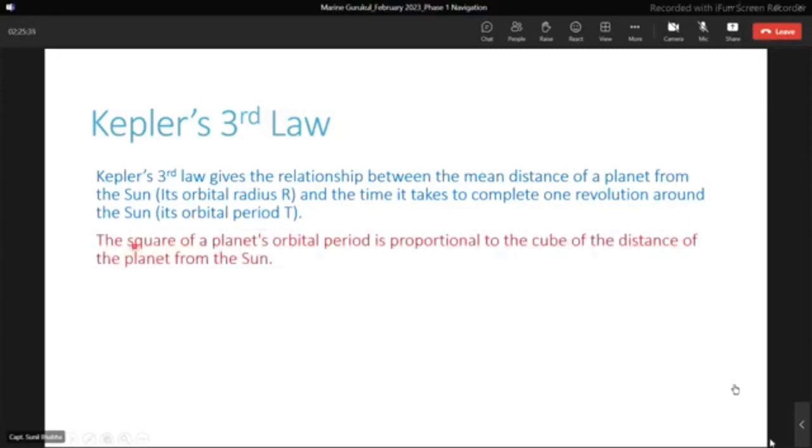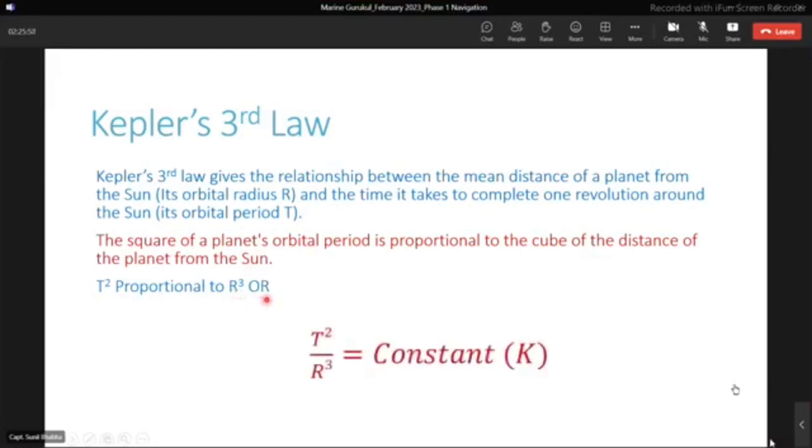What does the law say? The law says that the square of a planet's orbital period is proportional to the cube of the mean distance of the planet from the sun. In other words, T square is proportional to R cube.